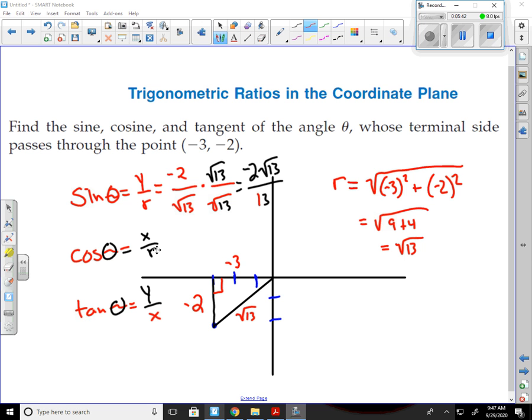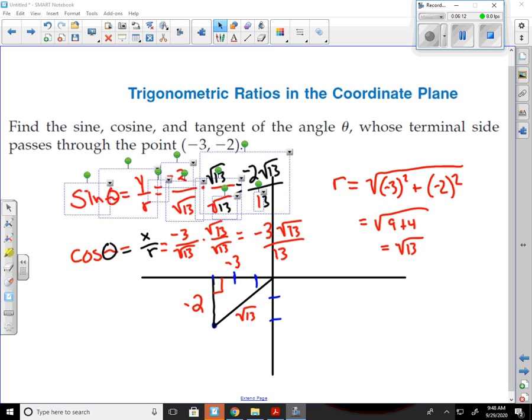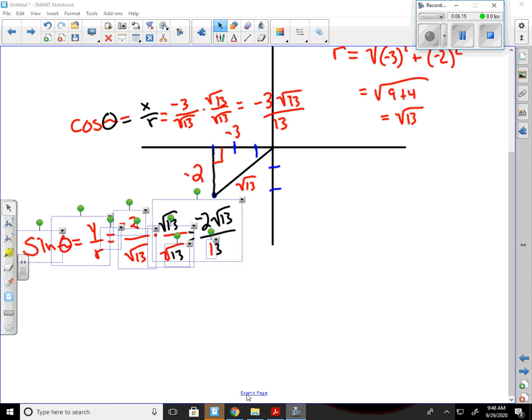For the next one, it's my x, which is negative 3 over square root of 13, multiplied by root 13 on top and bottom. And I'm left with negative 3 root 13 over 13. Let me move this stuff down here so we can see it better.